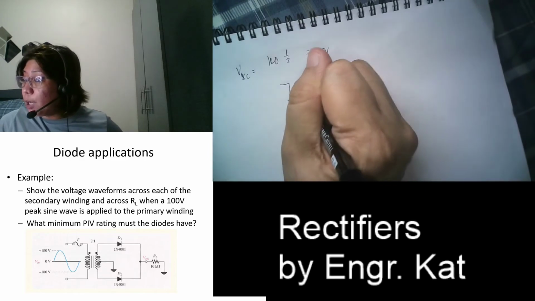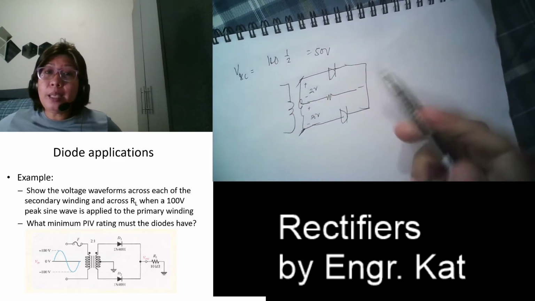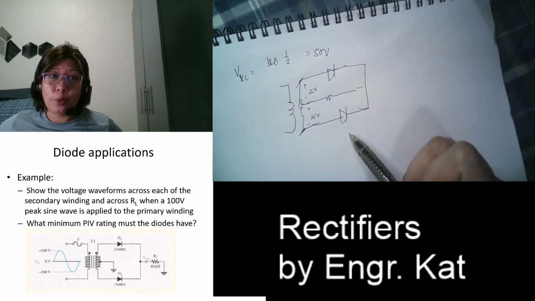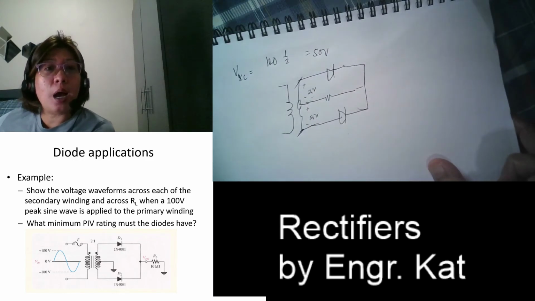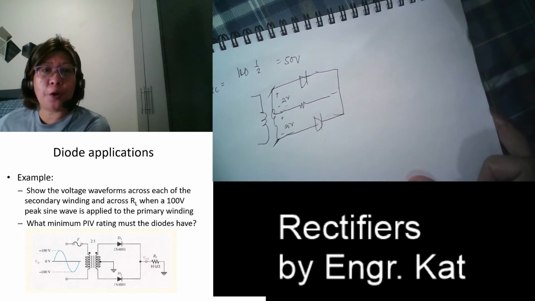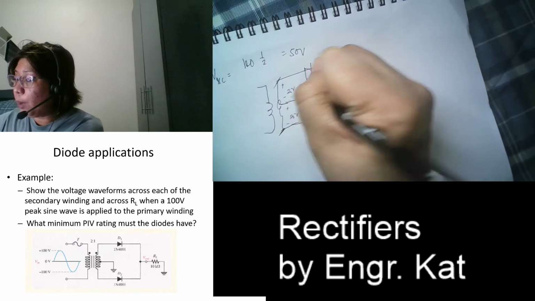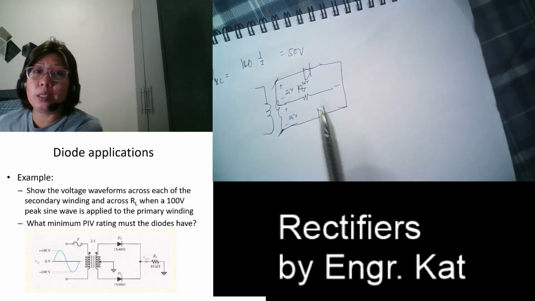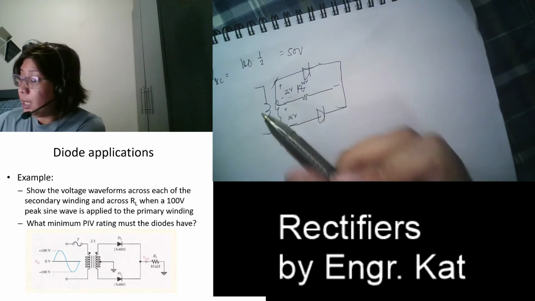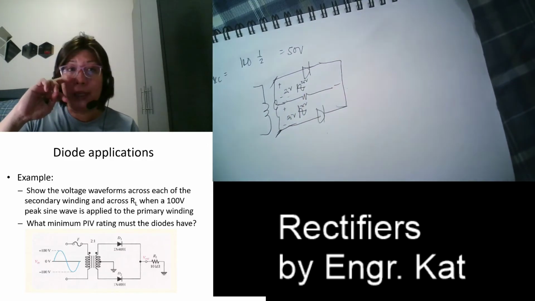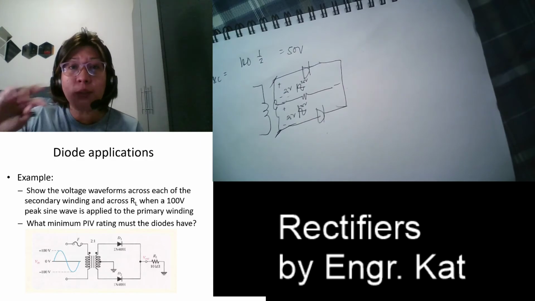So the total secondary is 50, but each diode will be receiving only 25 volts. Okay? So how does your voltage waveform look across each secondary winding? This is a sinusoidal waveform with a 25 volts peak. This is also a sinusoidal waveform with 25 volts peak. Okay?